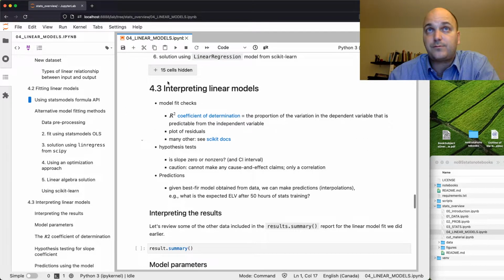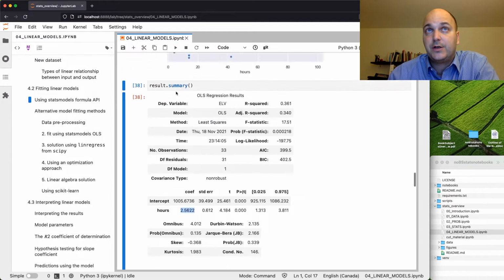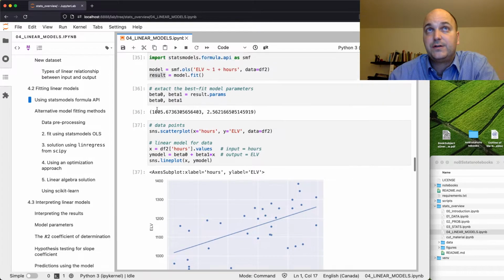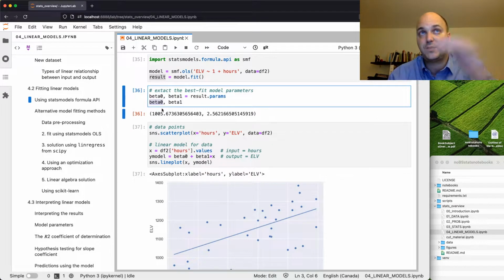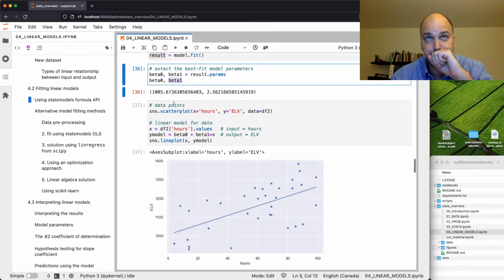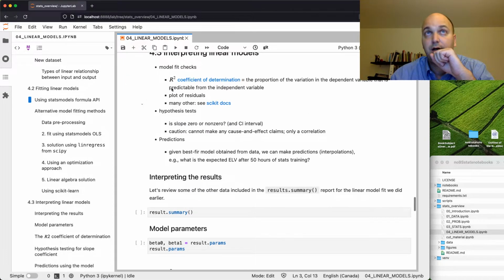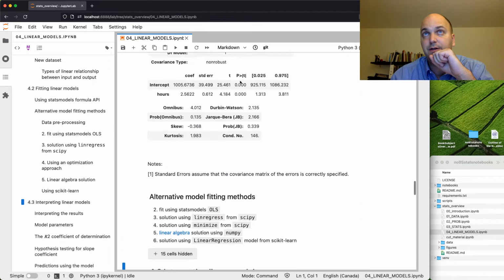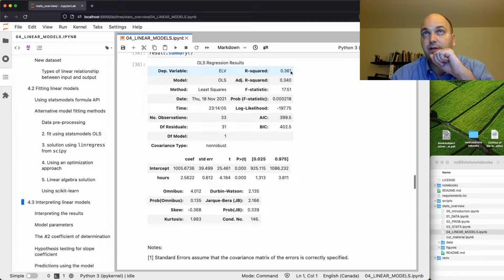Instead, let's talk about the interpretation. So we talked about the coefficients, right? The beta 0 means the y-intercept, beta 1 is the slope. There's another coefficient called r squared, which we saw here.